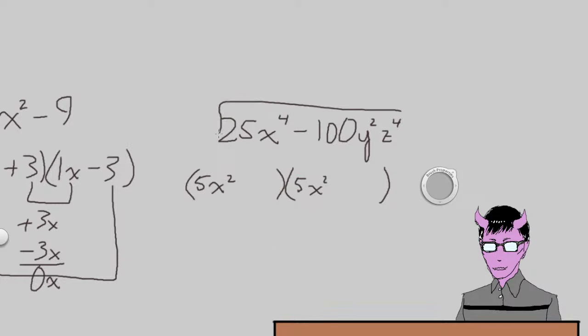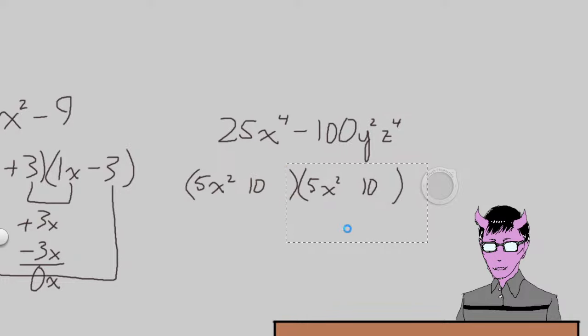And again, because we recognize this is a difference of two squares scenario, what's the square root of 100? It's just going to be 10. And the 10 here, what's the square root of y squared? This is the one that gets kind of annoying, because the square root of y squared is going to be y to the power 1, but because you are taking the square root of an even powered exponent, if it transitions to become an odd exponent, you have to put absolute value.